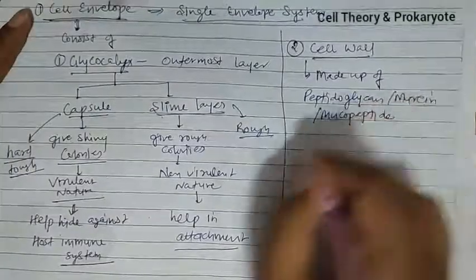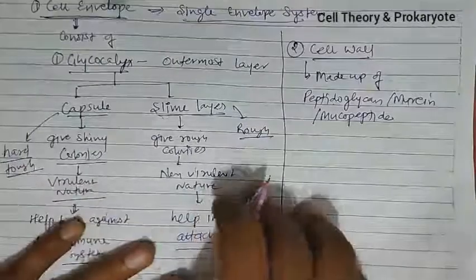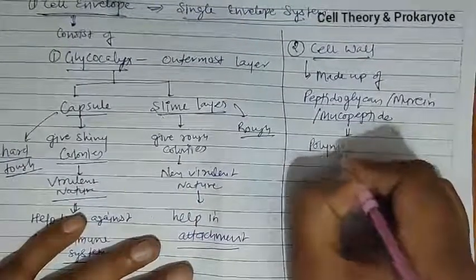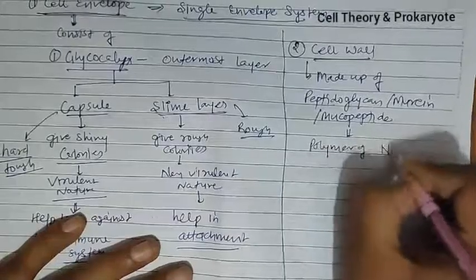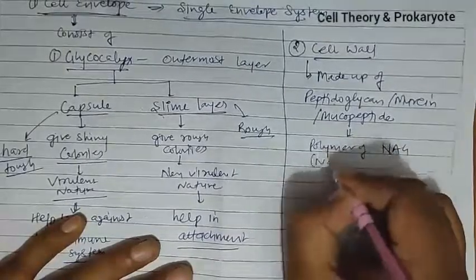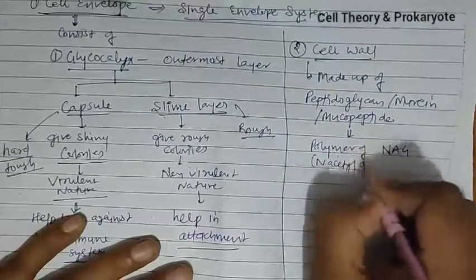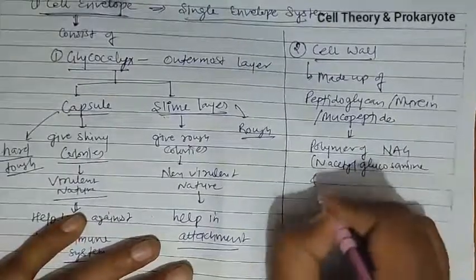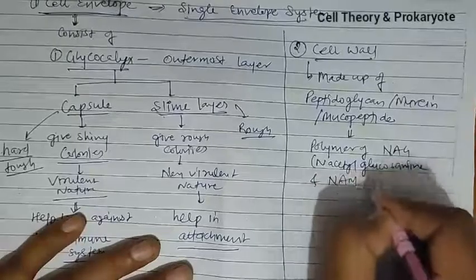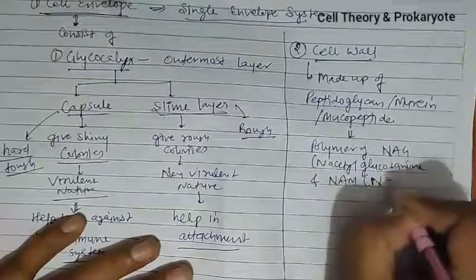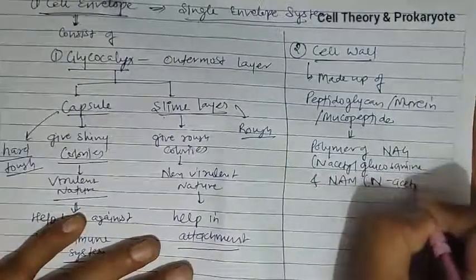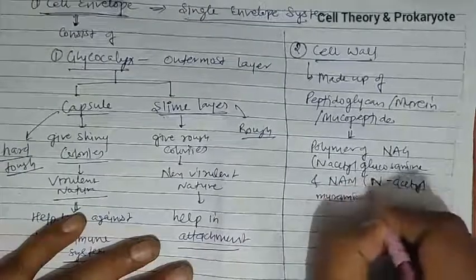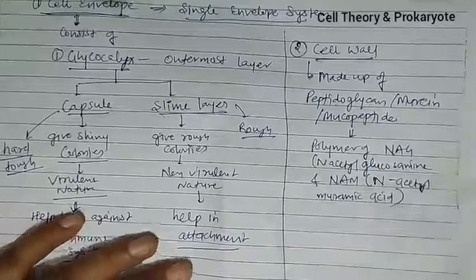Means peptidoglycan is also known as murein or mucopeptide, and it is a polymer of NAG, that is N-acetyl glucosamine, and NAM, that is N-acetyl muramic acid.